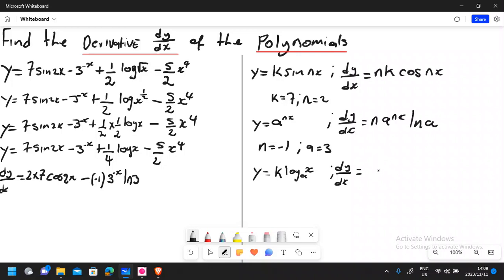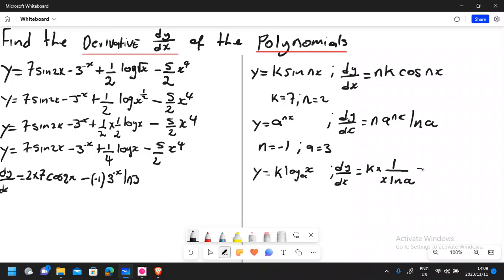It's going to be k multiplied by the derivative of log, which is 1 over x natural log of the base.